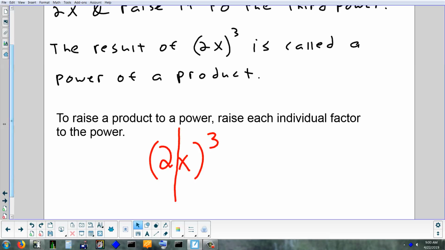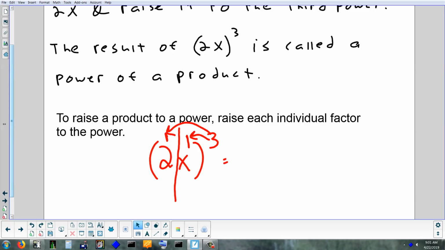You have to treat them separately. What exponent goes with the 2? To the 1. And x is to the first power. I'm going to take this 3 and multiply it into each exponent that's inside. I'm going to multiply it by the 1 that goes with the 2. I'm going to multiply it with the 1 that's also with the x.